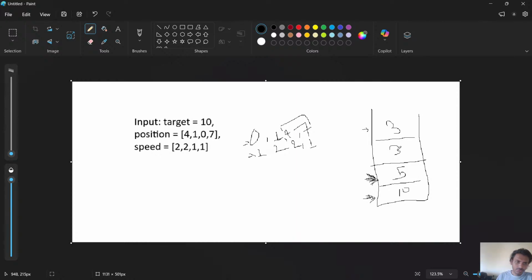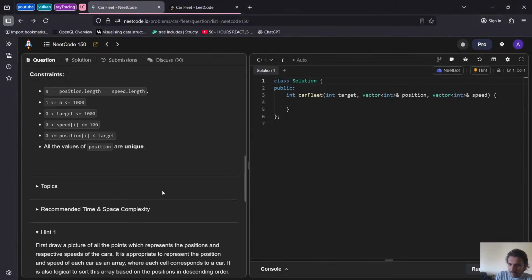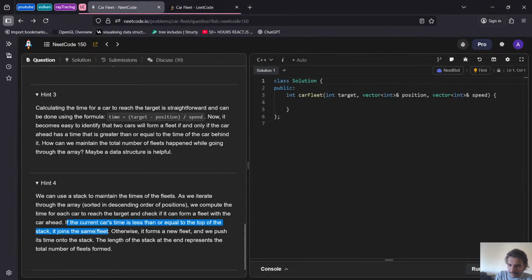So it is less than or equal to. If the current time is less than or equal to the top, it joins the same fleet.